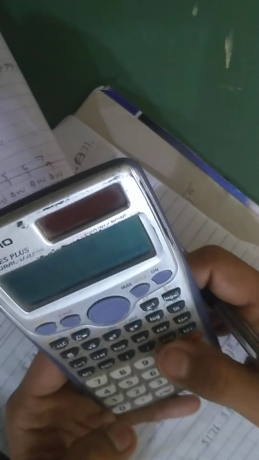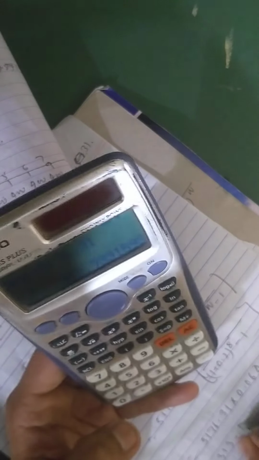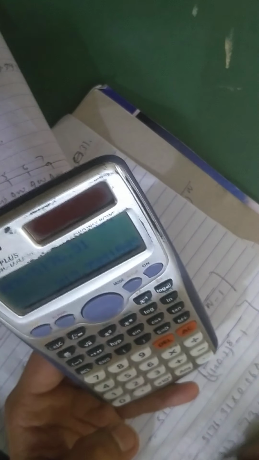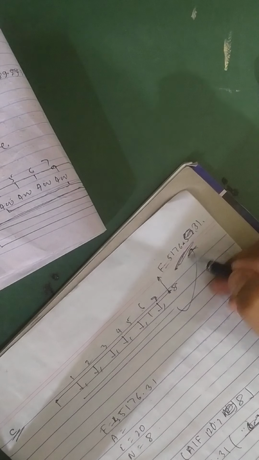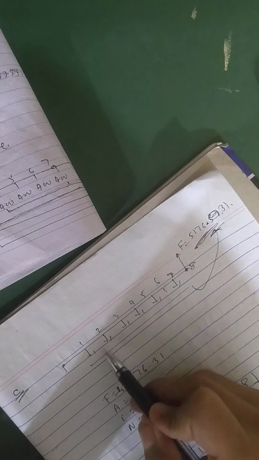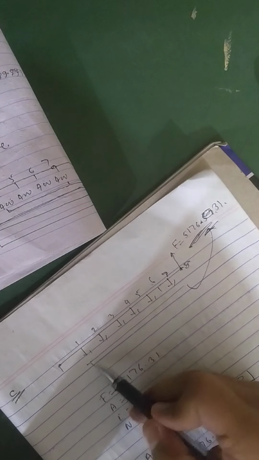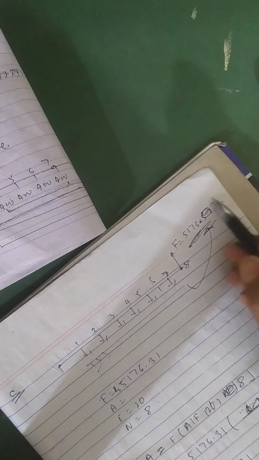Okay, it will give me 313.73 rupees. Now it means to obtain this future value, I have to pay the annual installment, I have to deposit the annual value of 313 for 8 years to get this value.